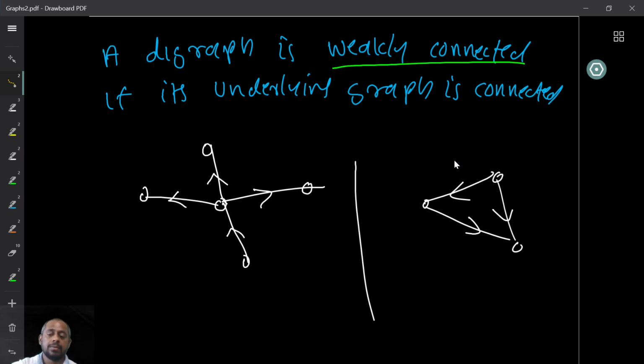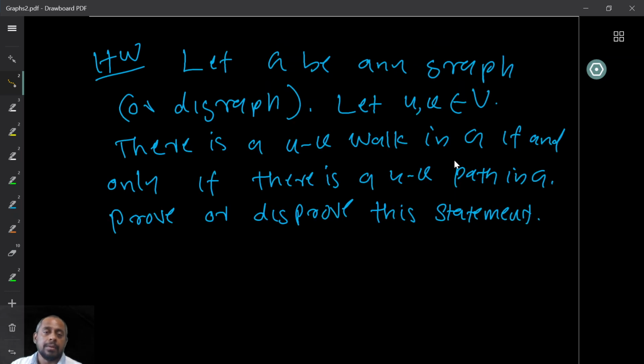So now we have two notions of connectedness in digraphs, right? That of the weakly connected and strongly connected. Now, here is something that you may have already observed, but homework for you to do: given a graph G, or a digraph, and U and V are two vertices.